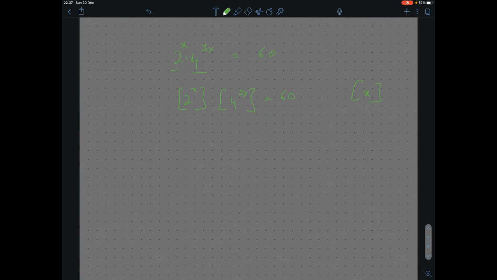Okay, I'll show you the solution in two different ways. One is the more direct application, where you just transform the equation using, let's say, log with a base of 10. By the way, if I write just log, it basically means log to the base of 10. So if you take the log of the entire equation, log of 2 to the power x multiplied by 4 raised to the power of 3x is equal to log of 60.